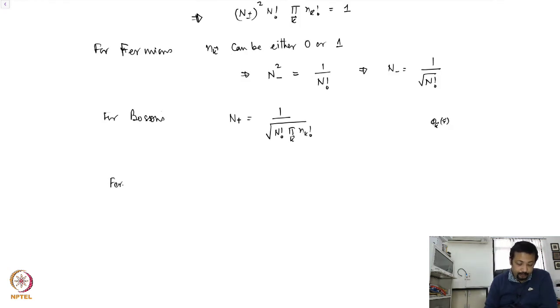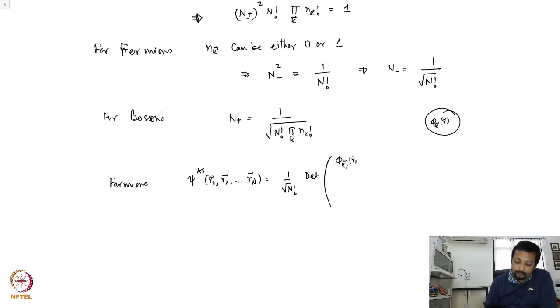Therefore, for fermions, in terms of the single particle wave functions, the many particle antisymmetric wave function takes the form 1 over square root of n factorial times the determinant of the matrix with entries phi k1 r1, through phi kn r1, down to phi k1 rn, through phi kn rn.